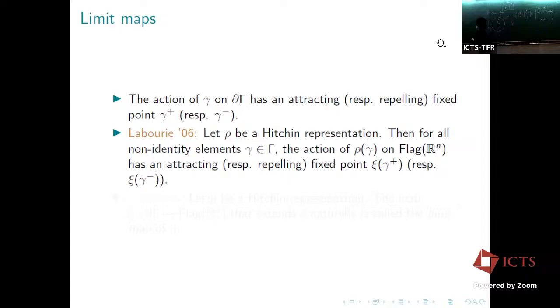A full flag in Rn, so let's say F is equal to the tuple V1 up to Vn, where V1 is a subspace of V2, which is a subspace of up to Vn, which is equal to Rn, and the dimension of Vi is equal to i. Such a thing, F, is called a flag, or a full flag, and the flag space of Rn is the set of all such flags.